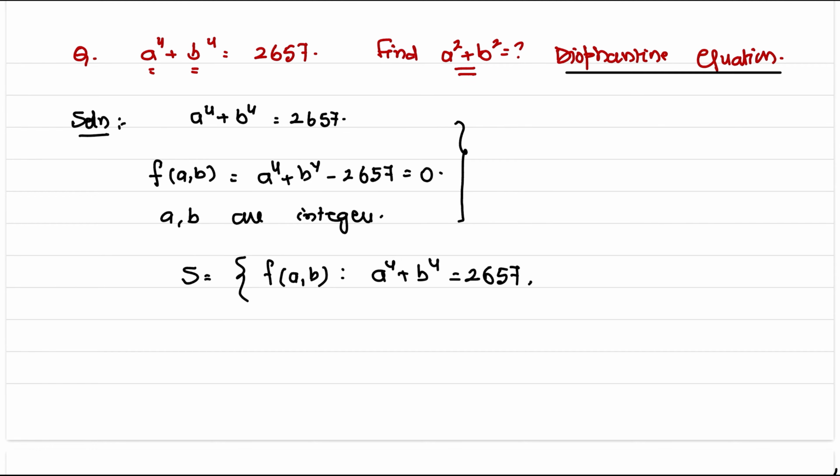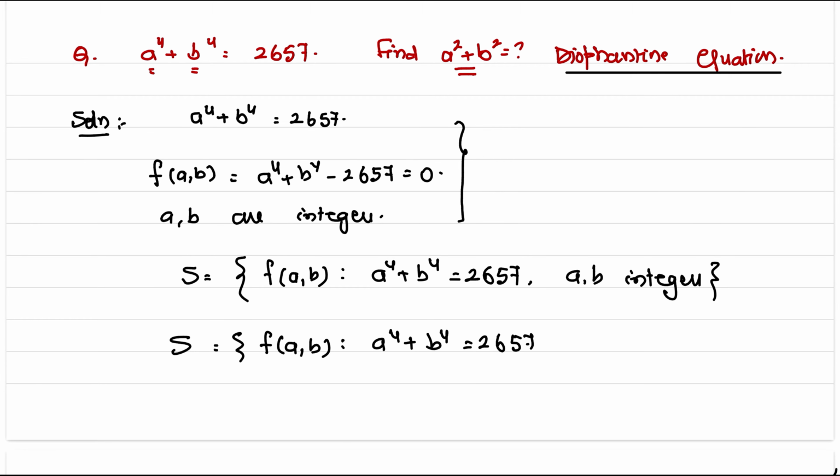You can either say this is a Diophantine equation, or put the other condition as a and b integers. We can even write it like this: S is equal to the pairs (a, b) such that a to the power of 4 plus b to the power of 4 is equal to 2657, Diophantine equation.